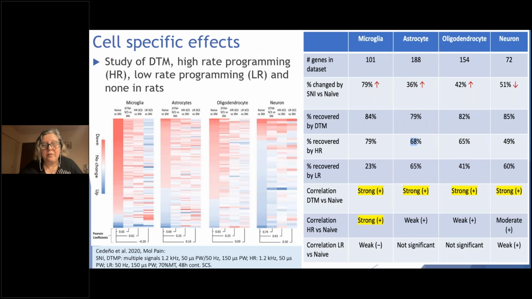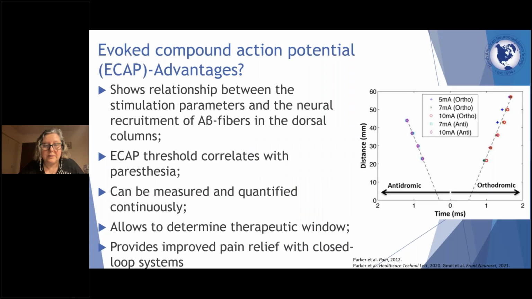This is very evident in this 2020 paper and this table, which showed that when you apply this specific waveform, you can recover from the injury between 79 and 85% of all of the anatomical elements in the spinal cord: microglia, astrocytes, oligodendrocytes, and neurons.